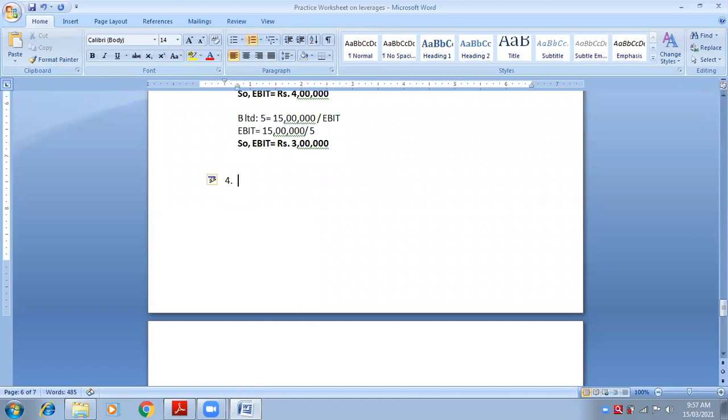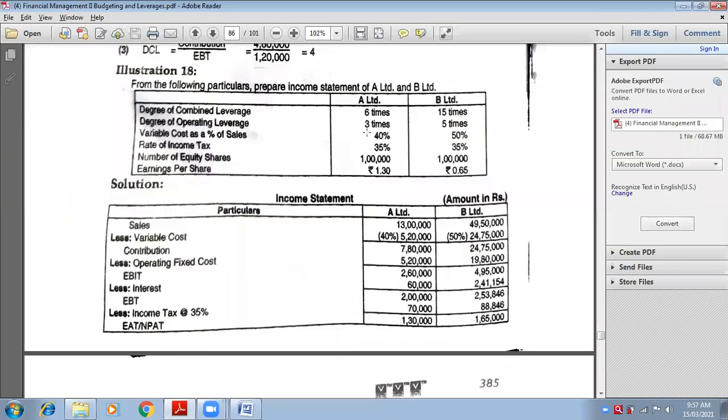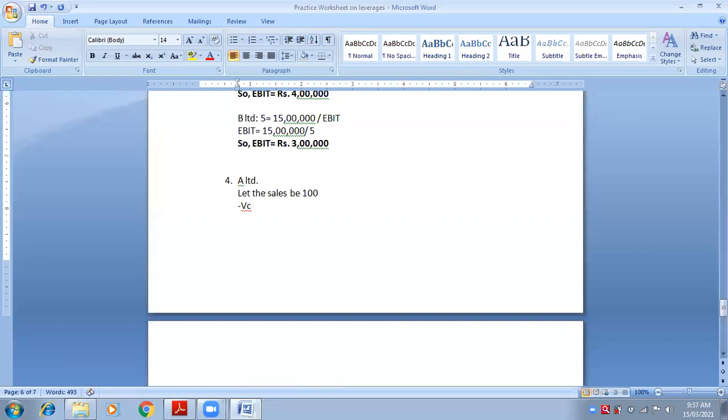Here, let the sales be 100, for A Limited. Less variable cost. What is variable cost? 40%. So 100 minus 40, what will be your contribution? 60%.